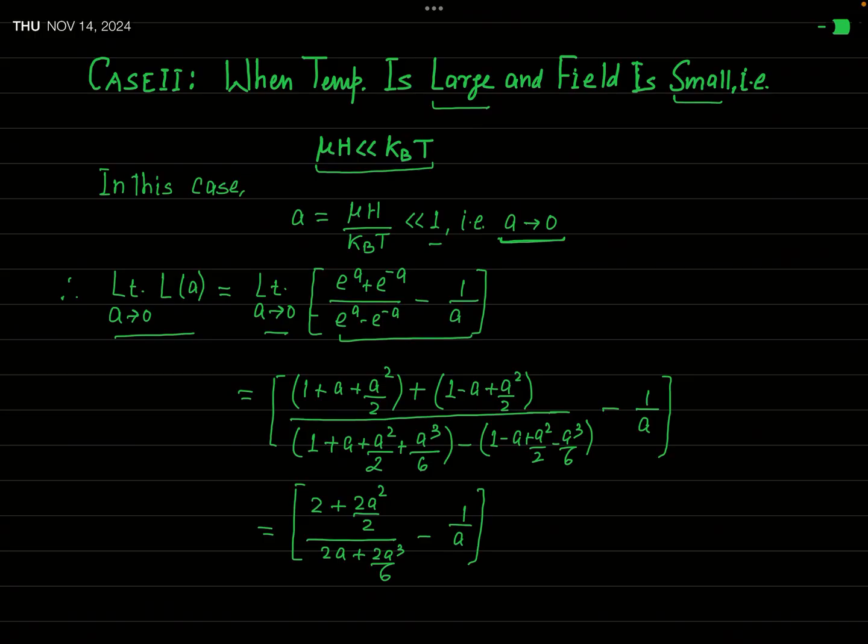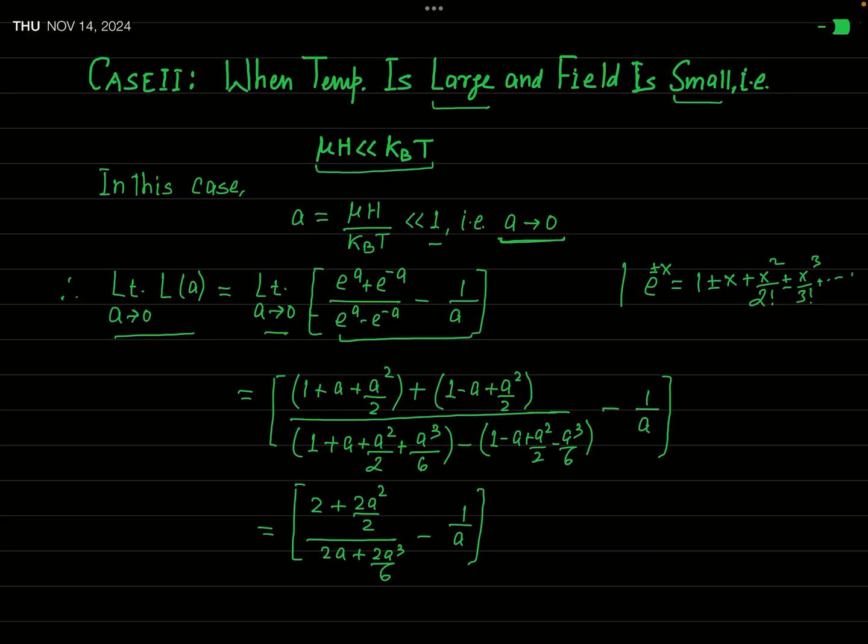Now since A is very small, when we expand e to the power x, or you can say e to the power plus minus x, then this is 1 plus minus x plus x square by 2 factorial plus minus x cube by 3 factorial and so on.